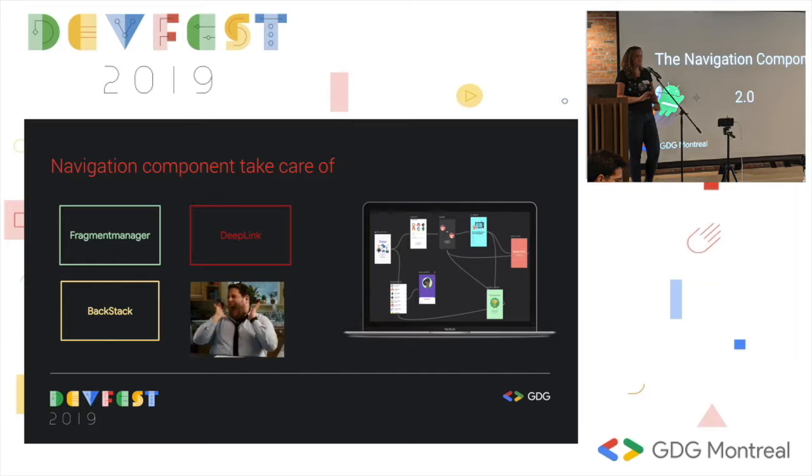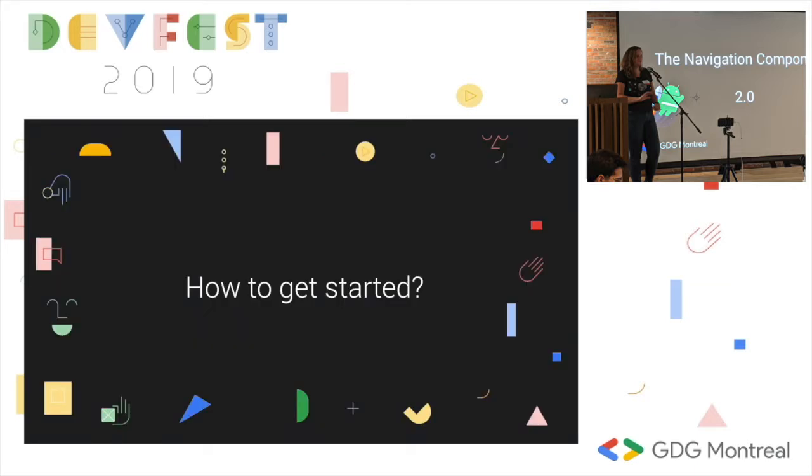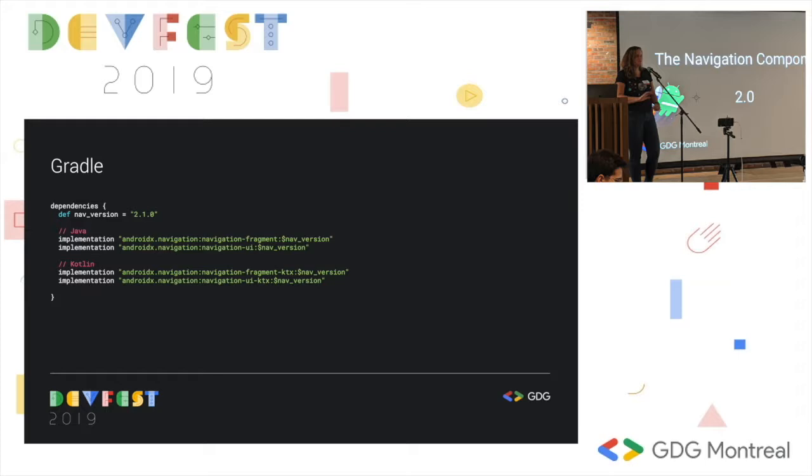So how can we get started using the navigation component? You need to add some libraries in your Gradle files. And now we're at version 2.1, so at least it's getting pretty stable. At the beginning, with the alpha last year, every method was changing all the time.